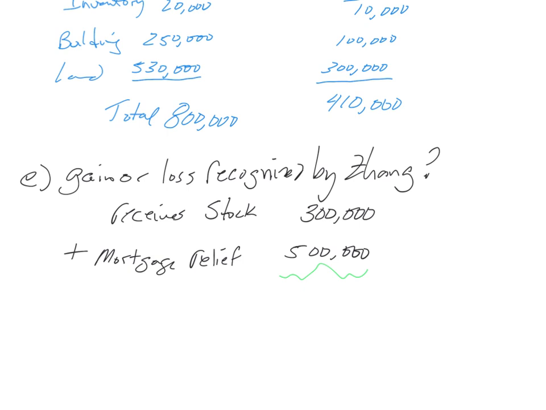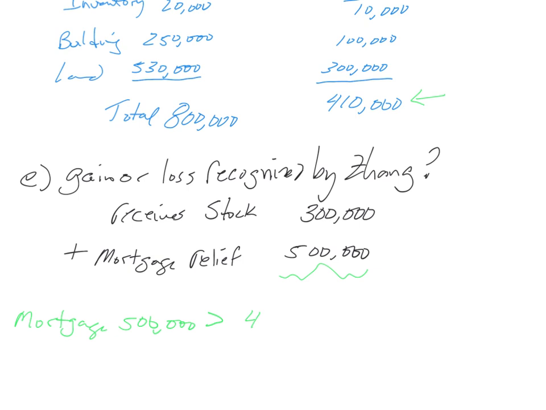Because this mortgage causes us a little bit of a problem, because we see that the mortgage is $500,000, and that is greater than the total adjusted basis of what was contributed, right? Because here's our total adjusted basis.